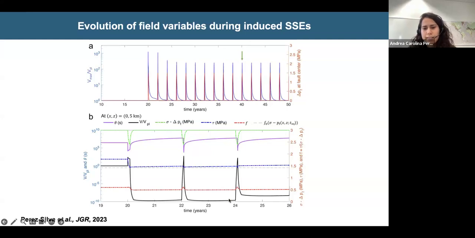And this occurs cyclically as we impose changes in the effective normal stress. It's interesting to note that after the first perturbation, the shear stress drops quite significantly, but the following perturbations do not cause such a large drop in the shear stress. So I'll go to the implications of that later in the talk.